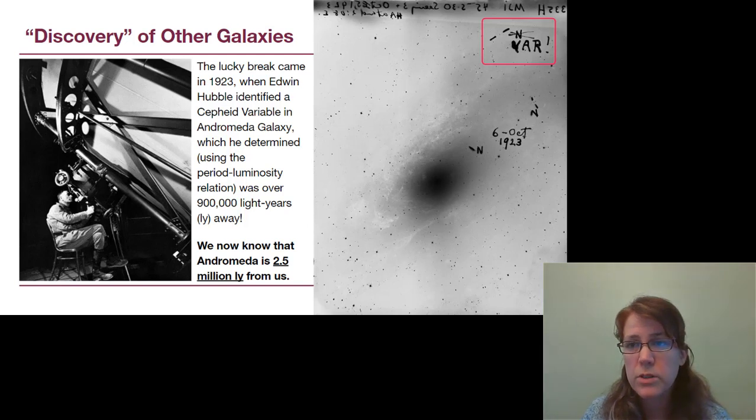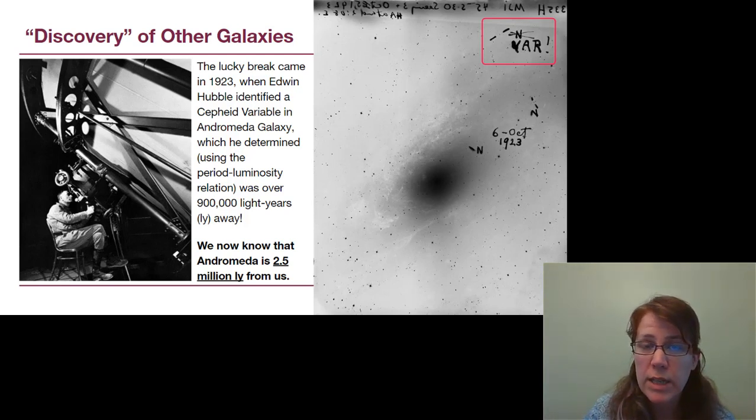Hubble was studying these and traced them enough to realize that one of the star systems he had identified as a nova, which is too dim to see normally unless we're at the brighter flash, was actually a Cepheid variable, the same category of stars that Henrietta Leavitt had first studied.